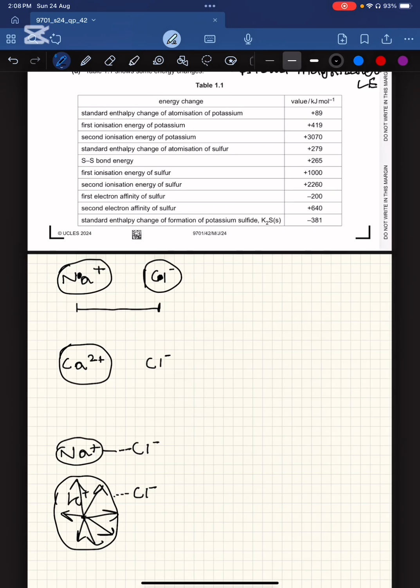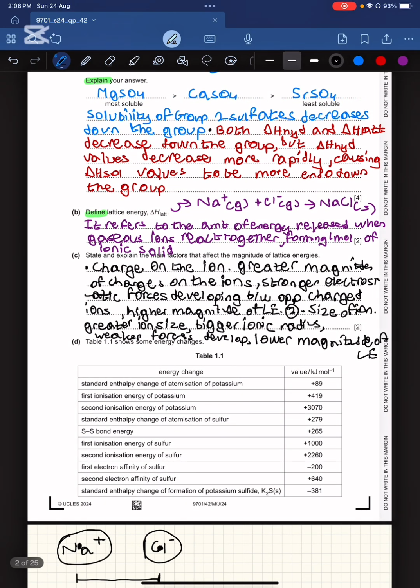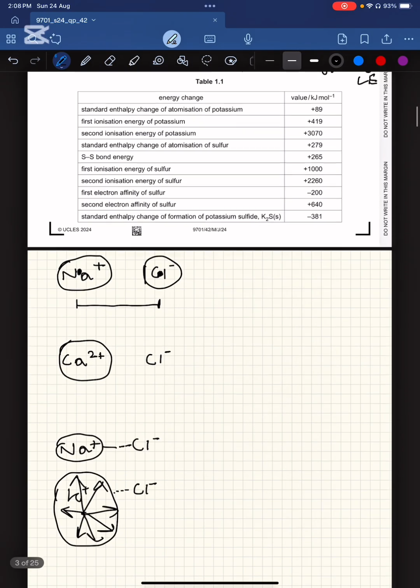When the size of an ion is small, obviously it is closer to the chloride ion or the anion, whatever, which means that the ionic radius is automatically going to be smaller, correct? So smaller ion size, smaller ionic radius, more weaker electrostatic forces of attraction develop, lower the magnitude of lattice enthalpy.